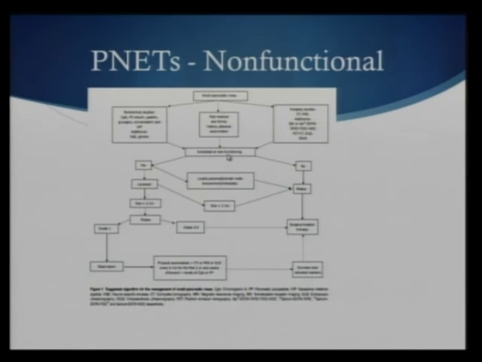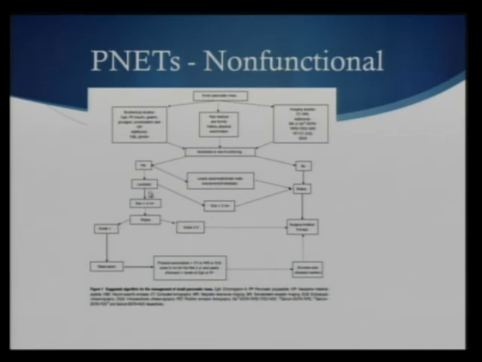So this is kind of controversial in terms of which lesions you resect versus which you can watch. And so for exam purposes, I think all you need to know is 2 centimeters is usually the cutoff size. If the lesion is non-functional and it's greater than 2 centimeters in size, you need to proceed with resection.